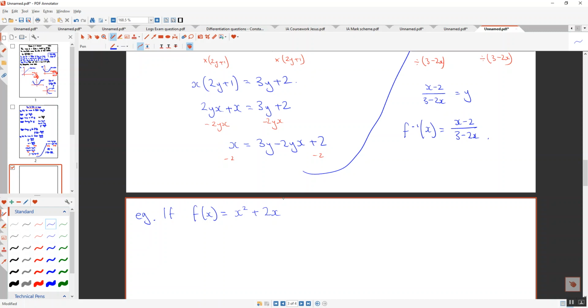So let's make it, sorry, let me just change, instead of plus 2x, let's make it plus 6x plus 1. So if f of x equals that, find the inverse.